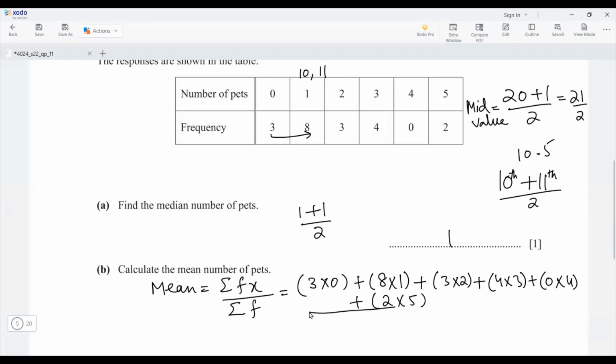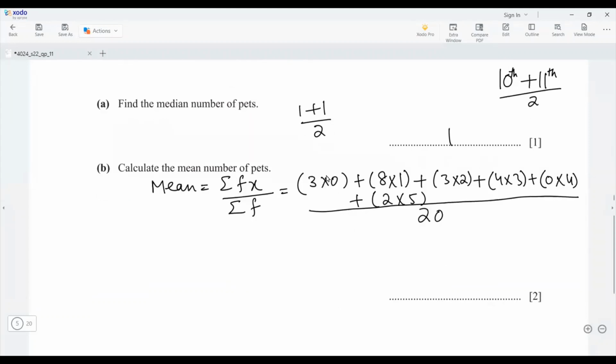If we add them, that will be the final result of this, divided by 20, because the summation of frequencies is 20. So by simply multiplying and adding all of these numbers, 3 times 0 is 0, 8 times 1 is 8. 8 plus 6 is 14, plus 12 is 26, plus 0 is 26, and plus 10 is 36. So the result is 36 by 20.